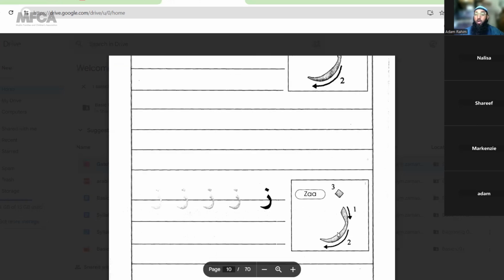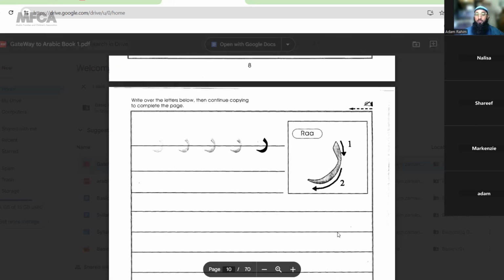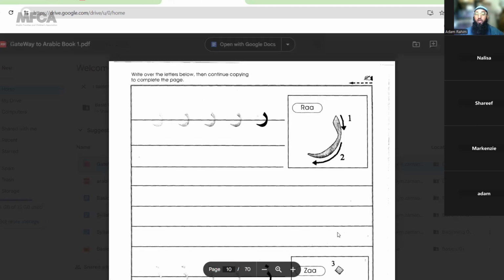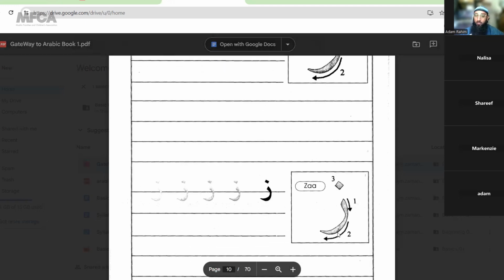The letters ra and zai are written in a similar way. Ra is free of dots, and the letter zai has a single dot. We mentioned that students tend to mix the sounds of zai and thal together, but the letter thal is thal, and the letter zai is like a bee that's buzzing.